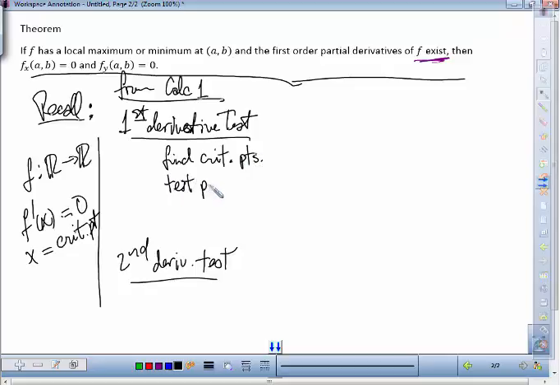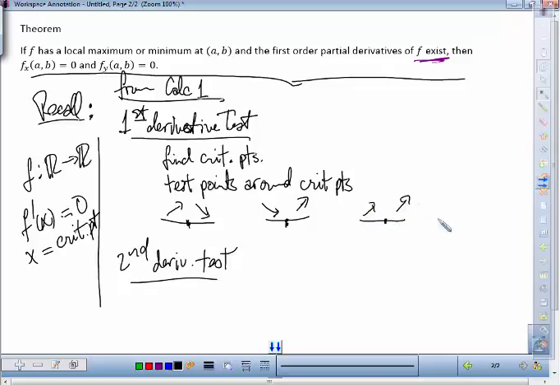Test points around the critical points. And then you can see if it goes up and down, then you have a maximum, or if it goes down and up, you have a minimum. Or it could possibly go up and up, or down and down. I think those are all our options.